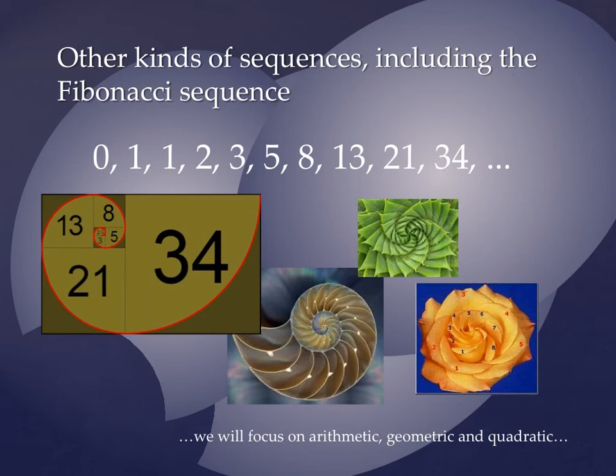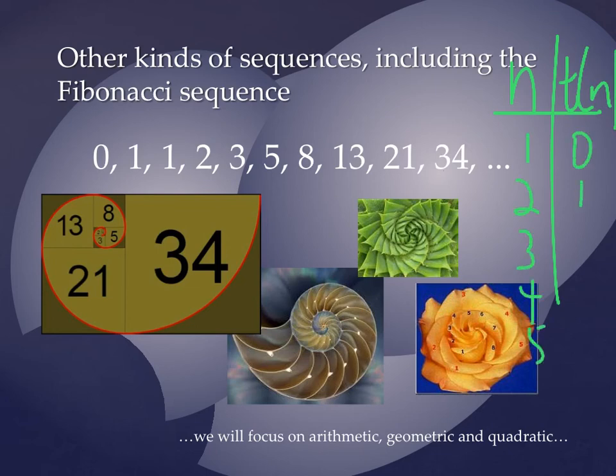The Fibonacci sequence is a special sequence where you get the next one by adding the one before it. So term 3 you get by adding term 2 and term 1. So 1 plus 0 is 1, and then term 4 is 1 plus 1 is 2, and term 5 is 2 plus 1 is 3, and it goes on from that.